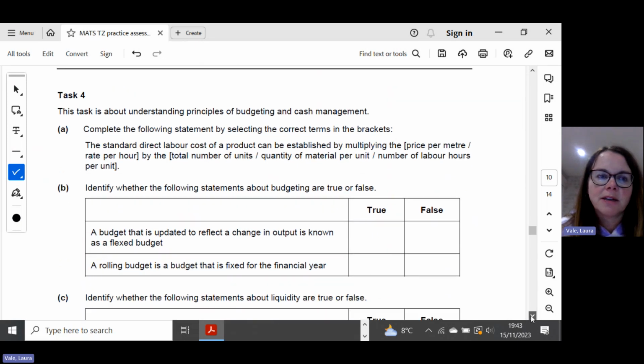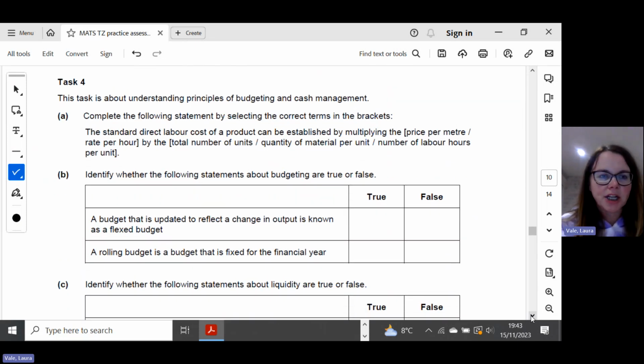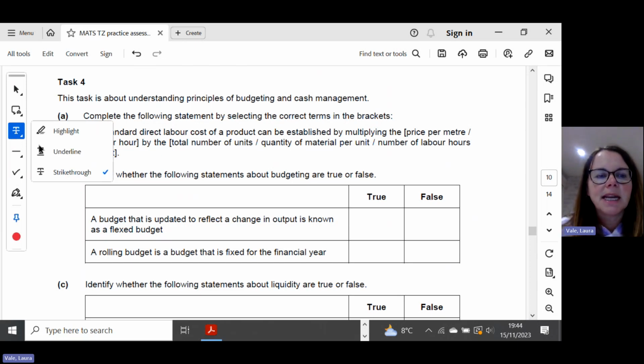Right, the final task of the computations before you get onto the spreadsheets, which I'm not covering in this video. So task 4 is about understanding principles of budgeting and cash management. Complete the following statement by selecting the correct terms in the brackets.